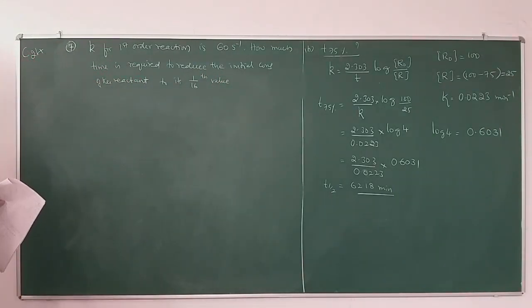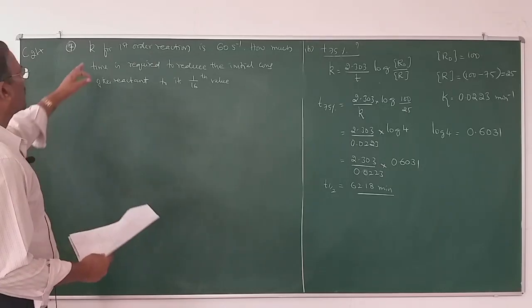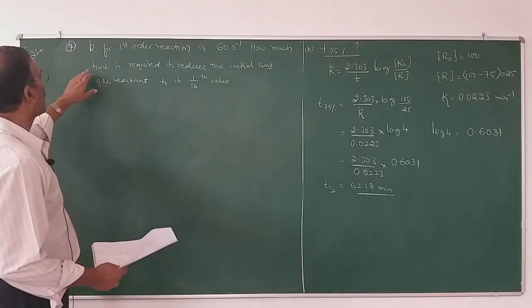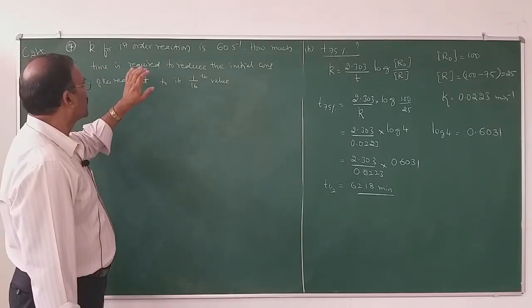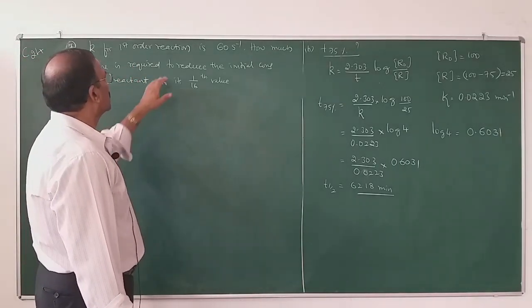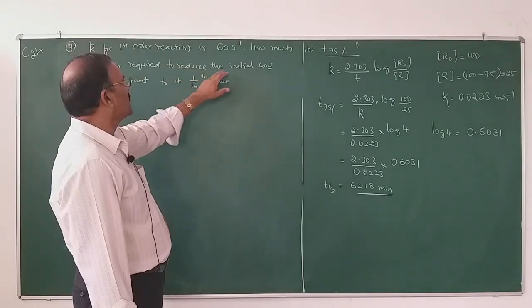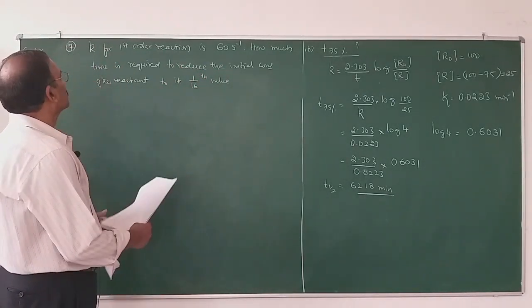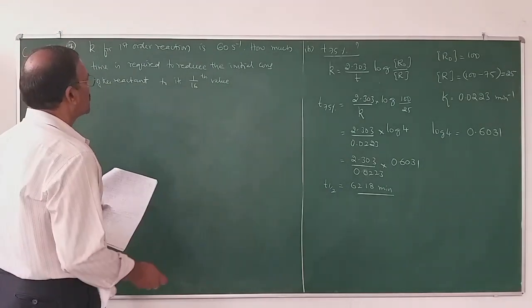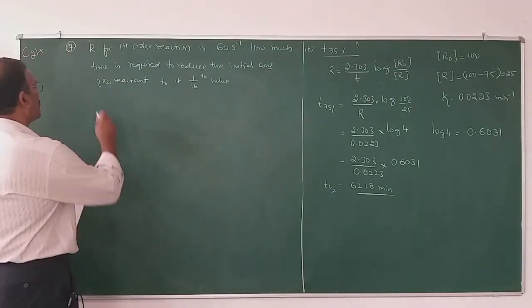So it is a first order reaction. The rate constant value is given. We have to calculate the time required to reduce the initial concentration of the reactant to its 1/16th value.